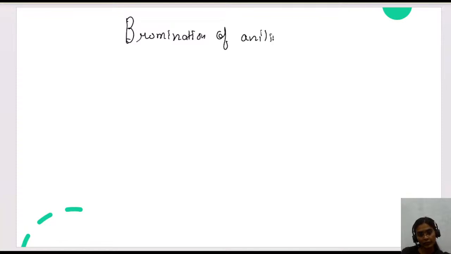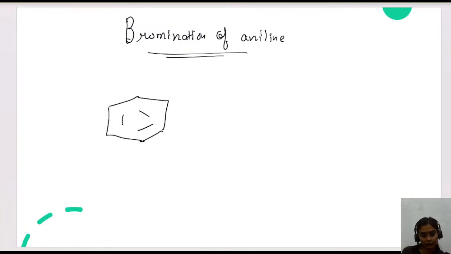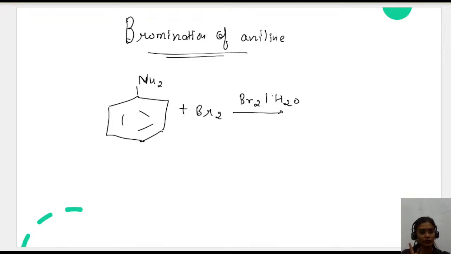Okay, in this we are using Br2. And if you remember the reaction with phenol, we were using bromine water. If you're using bromine water, there were two reactions. If you're using some non-polar reagent, only one position is connected.